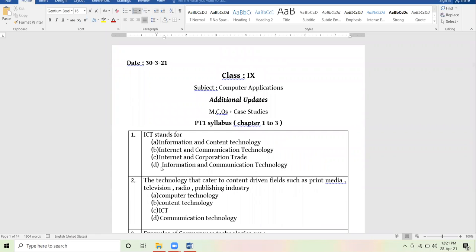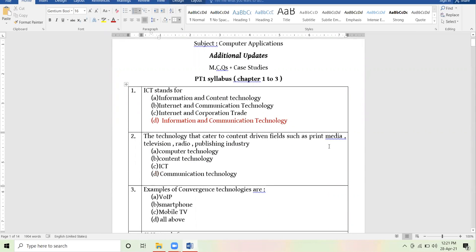Yes, Manyaveet, you try. Okay, Kanish, unmute yourself. Information and Communication Technology. D part is the correct option. Very right, very good. All right, moving to the second MCQ.